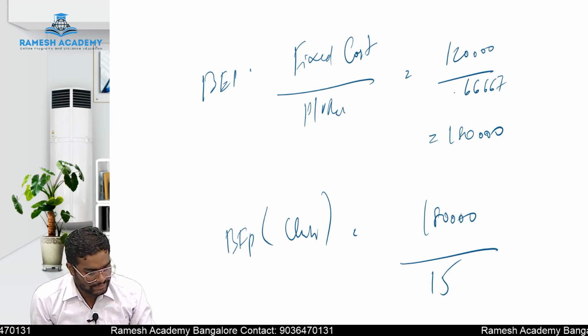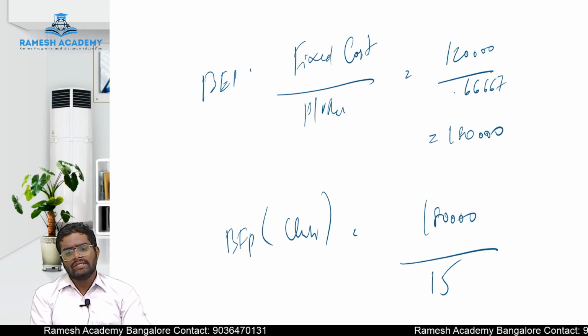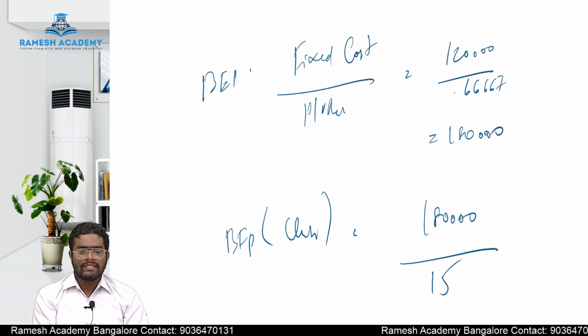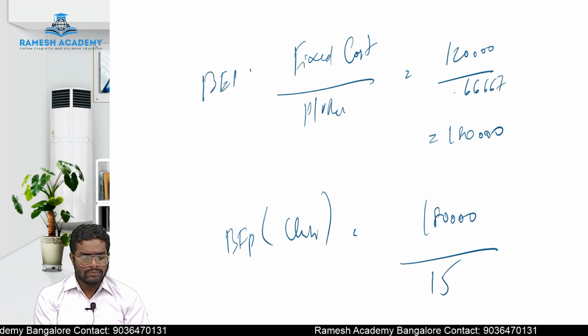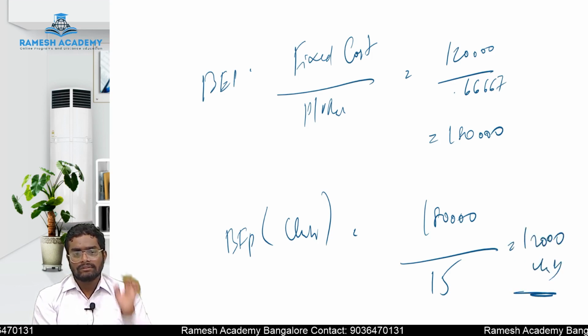So 1,80,000 divided by 15 is 12,000 units. Another way is contribution per unit, which means 10 rupees. If you divide 1,20,000 by 10, it is 12,000. So either way you will get the same answer, 12,000 units. Simple.